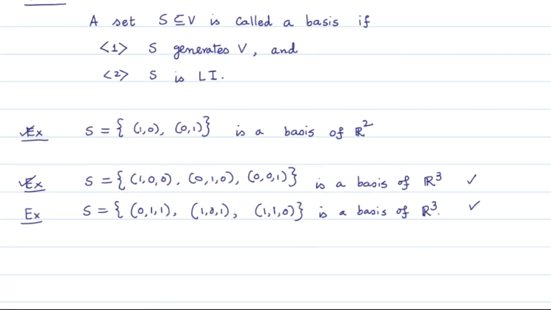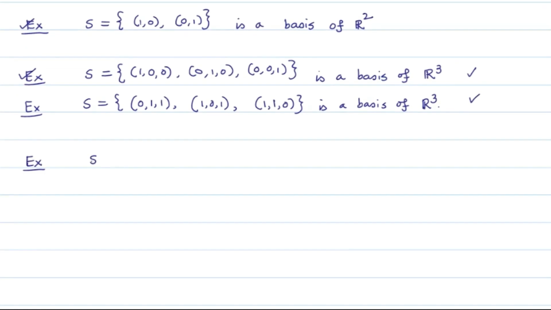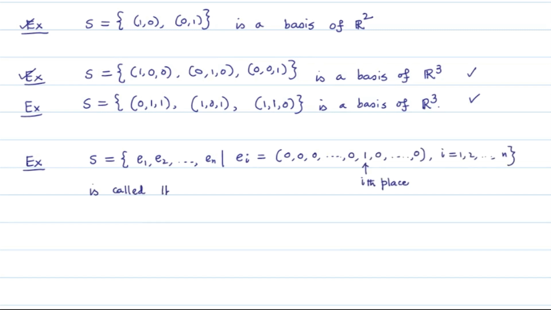In general, for the Rn space, the set of n vectors e1, e2 till en, where ei is an n-tuple consisting of all elements zeros except one at the ith place, is called the standard basis of Rn space.